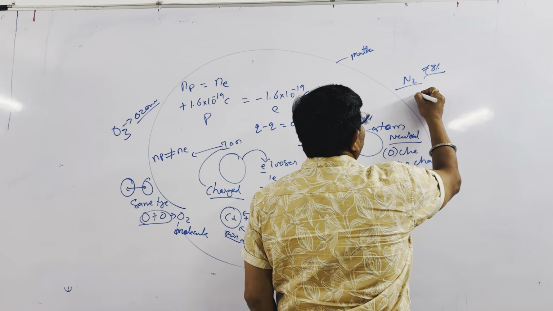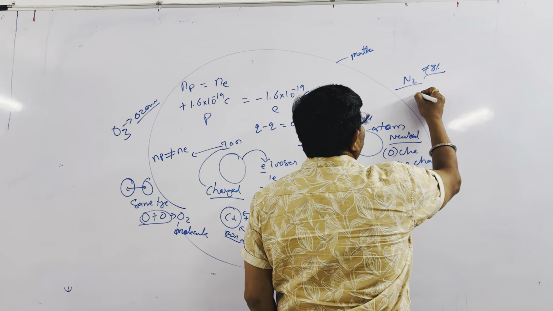So atom is neutral. But when any atom loses electron, what happens? Loses 1 electron or more electrons. If atom loses electron, it becomes a positive ion. That is called cation.